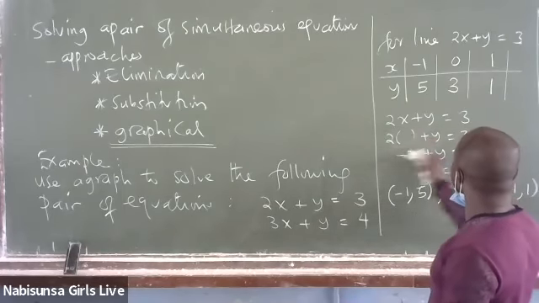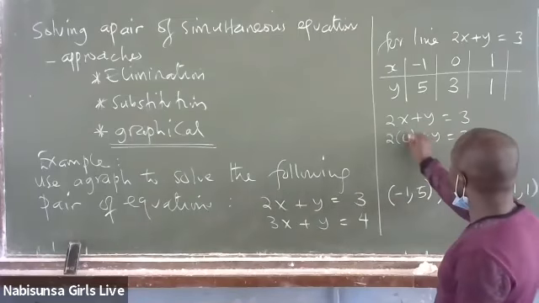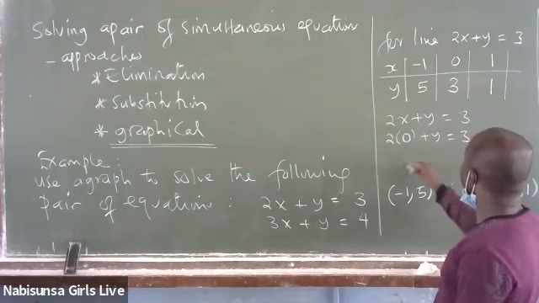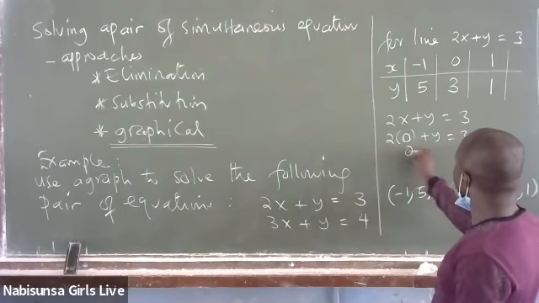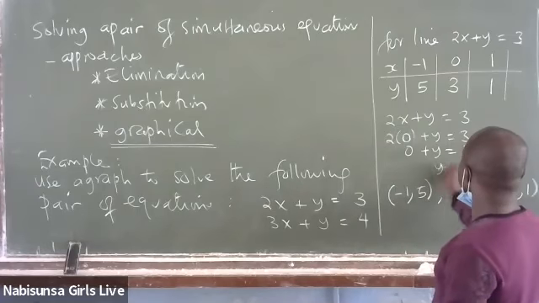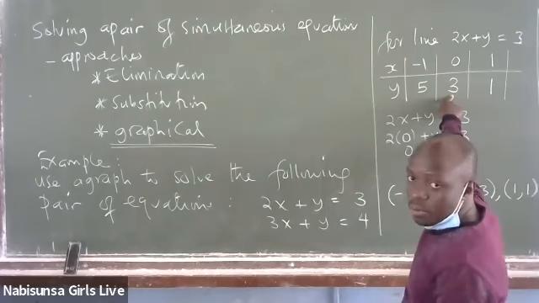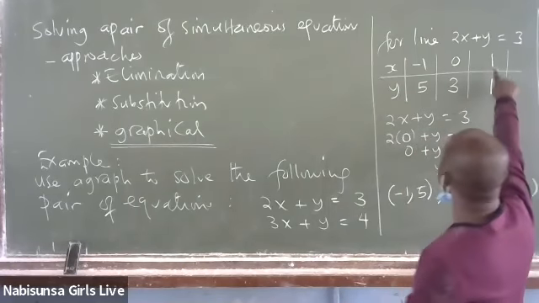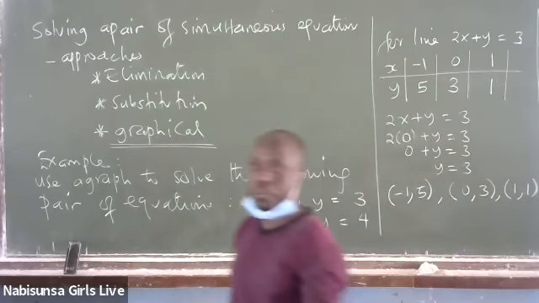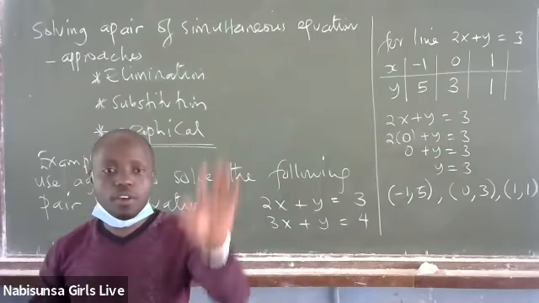If we put x as 0 and you substitute 0 in the place of x, 2 times 0 is 0, plus y is 3. You will agree with me that y will be 3. I've understood. Thank you. So you do the same for 1. Yes. Okay, good girl.